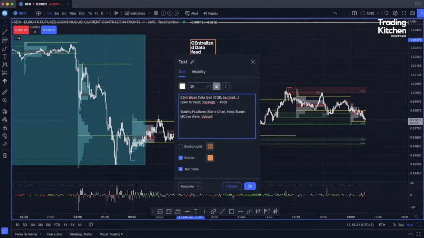So the cost can go from $30 to $100, more or less. So basically these are the two big costs that you have to cover if you want to trade as professional traders.